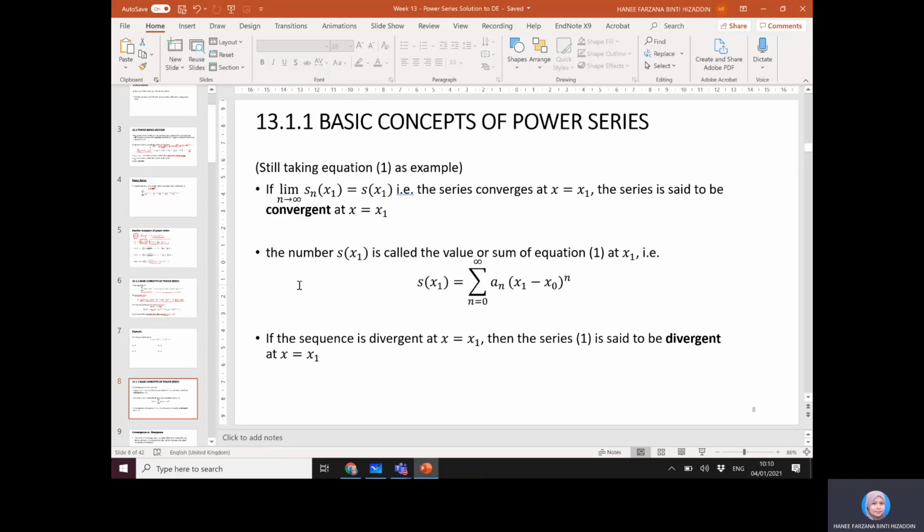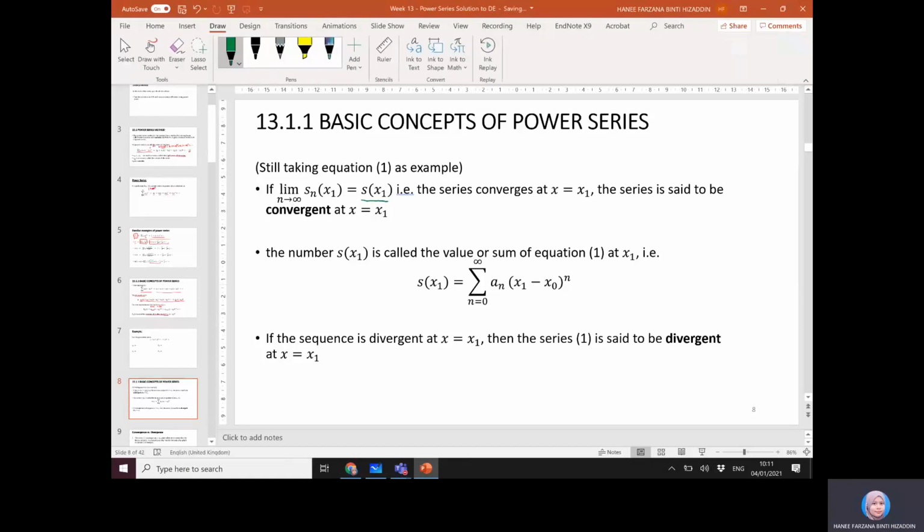We continue, okay? So still taking equation 1 as an example of our power series here. If we take the limit of S_n at x1, i.e. the limit of S_n when x equals x1, as n approaches infinity, and the value exists, i.e. the series is convergent at x equals x1, then the series is said to be convergent at x equals x1.